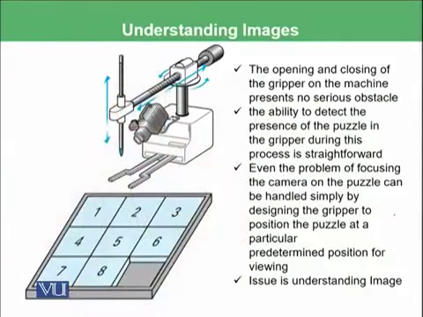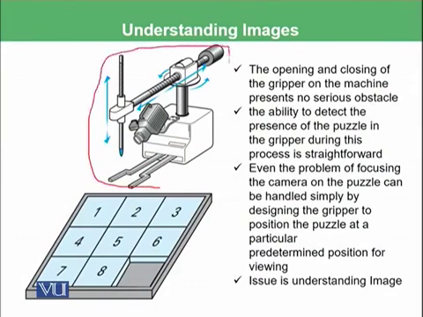So we are going back to the same example, the puzzle example, where we have made an intelligent agent, this machine, and that machine is going to play this puzzle game with us. You can see that the opening and closing of the gripper on the machine presents no serious obstacle.